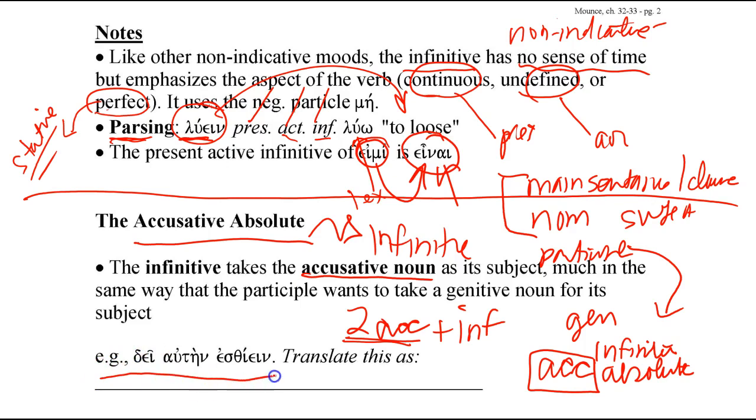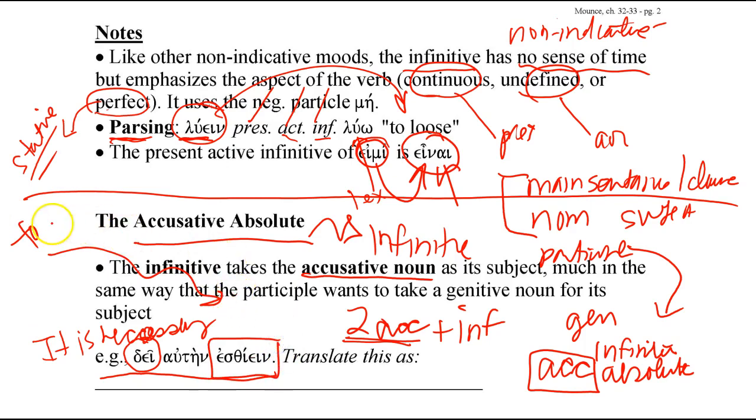So this is a new vocabulary word that you're learning this week. De means it is necessary. Now here's a great example of why you just simply cannot default to es theain. That by itself it means to eat. But you're not going to translate it as to eat. It is necessary to eat. Because look at the accusative pronoun here. It's she or her.